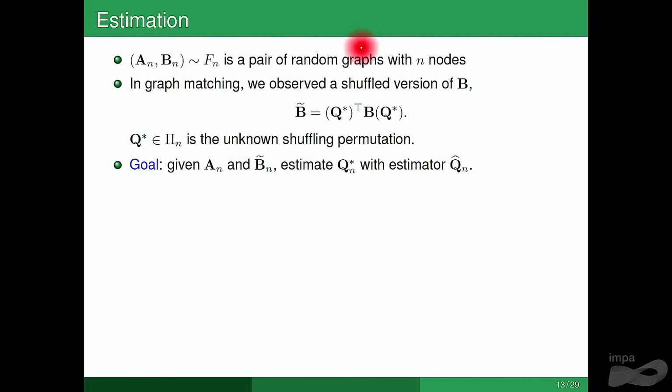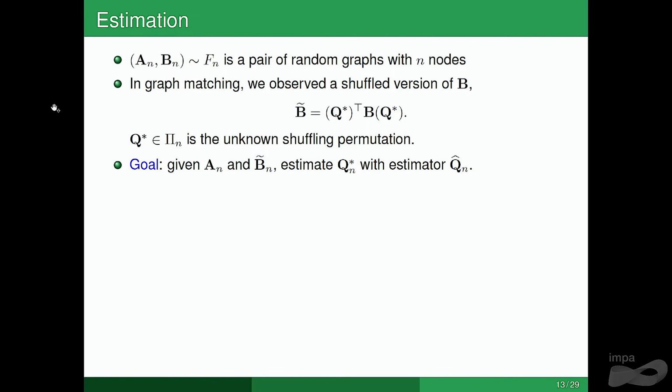And our goal here, which is something that Keith mentioned in his mini course last week, is that given two observed graphs, we want to go back and estimate the parameters that generated these graphs. In principle, there are several parameters involved here. There are parameters that were used to generate the distribution of these two graphs.